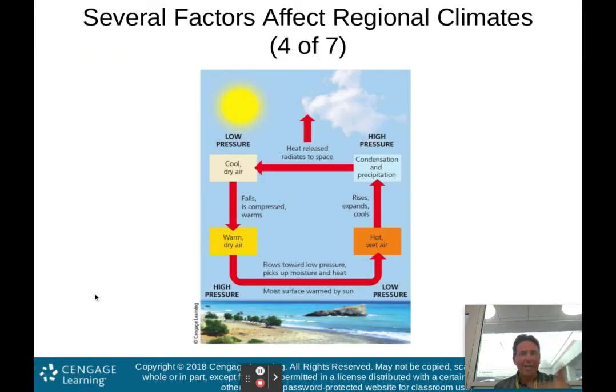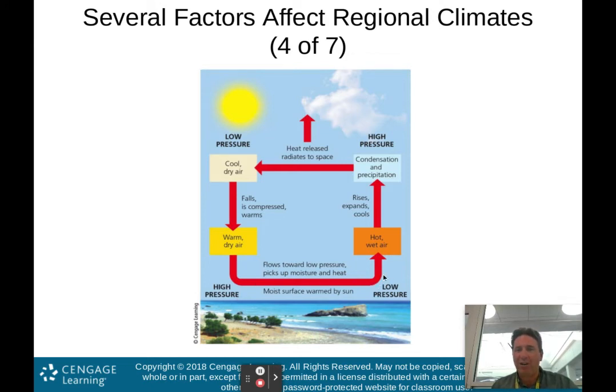So, talking about some of these factors, this first one is basically convective cells. This is basically showing you a sea breeze situation here. But in general, this happens around the Earth. You have lower pressure, all right? Air flows towards low pressure.